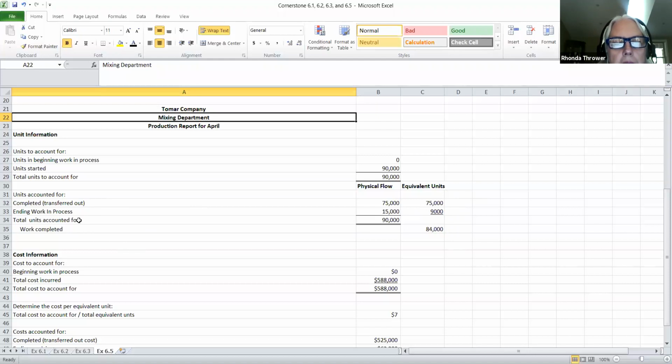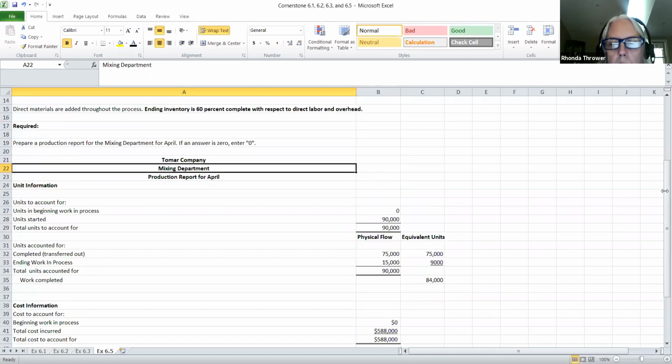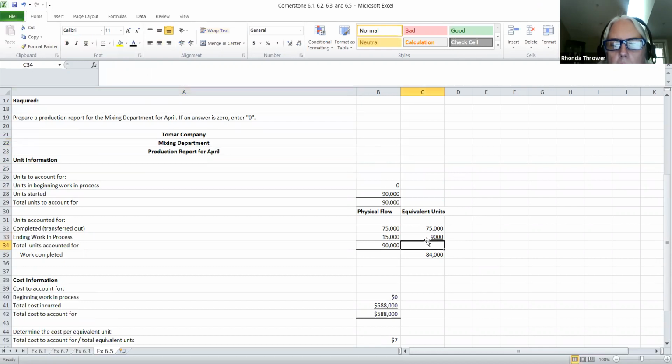But the ending work in process was not fully finished. The ending work in process in this company is 60% complete with respect to direct labor and overhead. So 60% of 15,000 is 9,000 units.